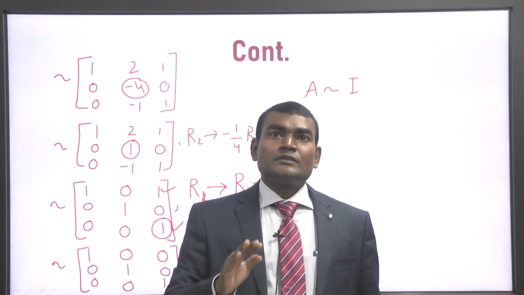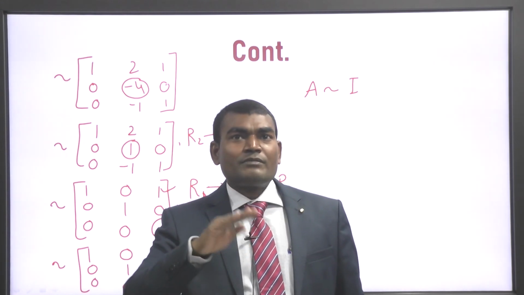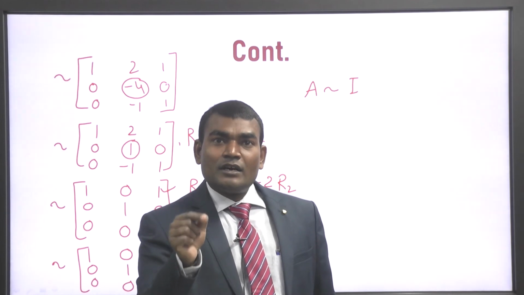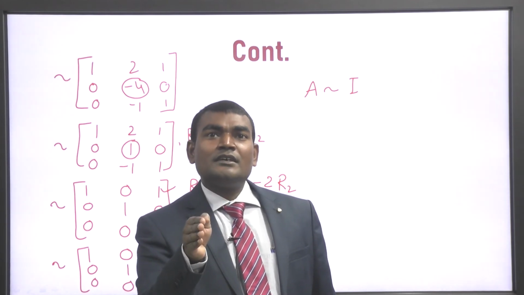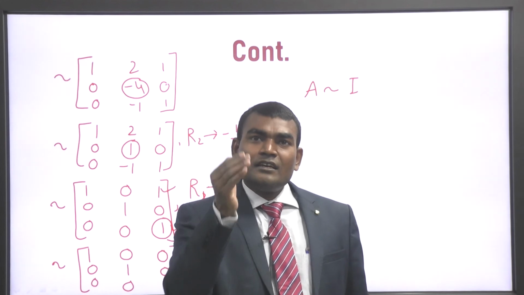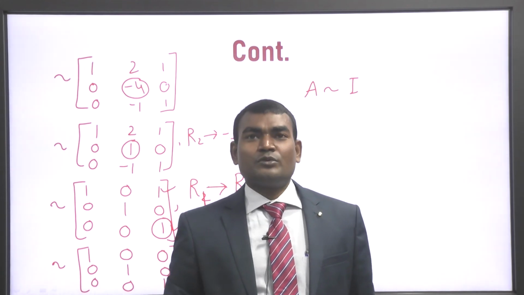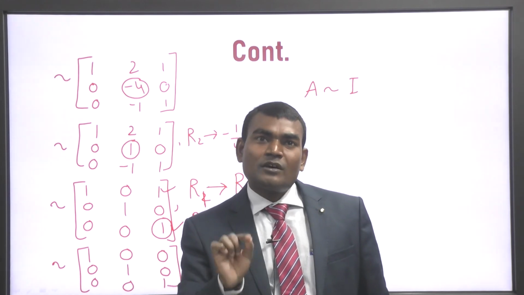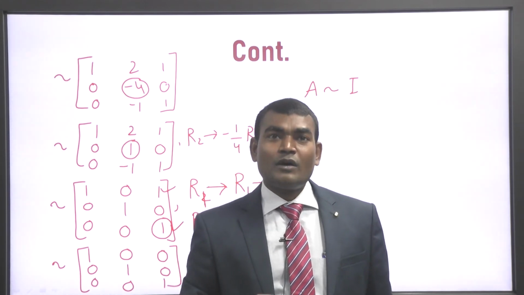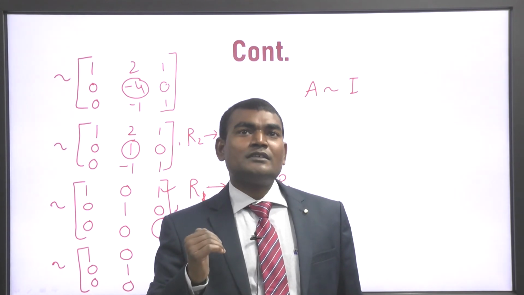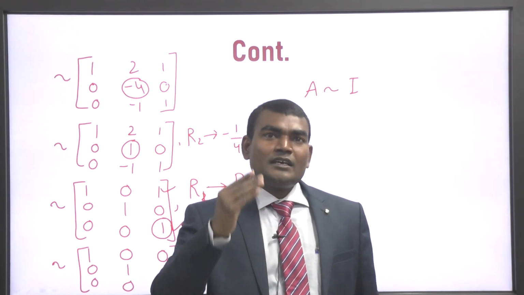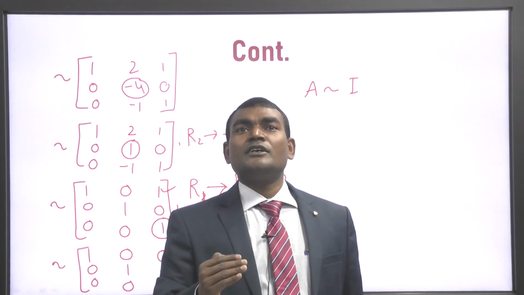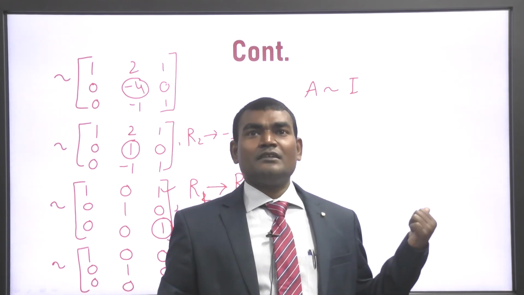Then the second row, second column element we make 1, and with the help of that you can make the other elements of the same column 0. Similarly, you have to make the third row, third column element 1, and with the help of that you can make the other elements of the same column 0 by elementary row transformations, just as I have given.